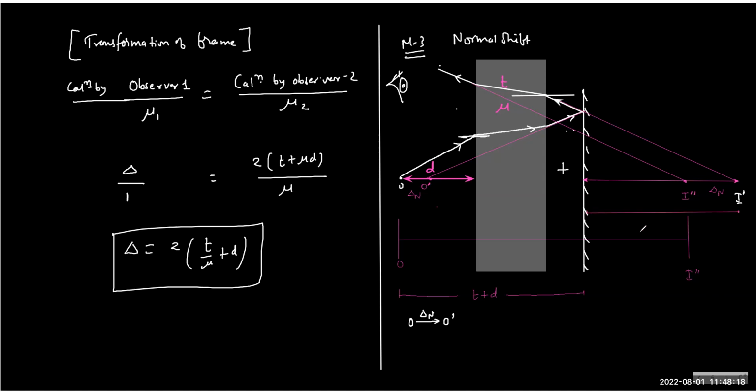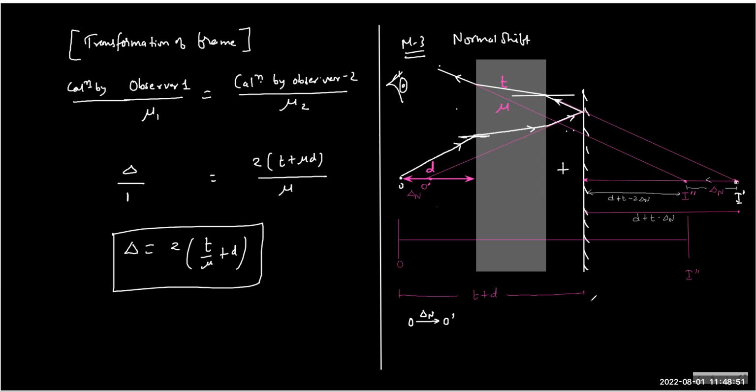I dash was formed for the shifted object. It must be t plus d minus delta n, correct? So this is how much? Can we say d plus t minus 2 delta n? Because it will shift like this by delta n value. Can you see that?